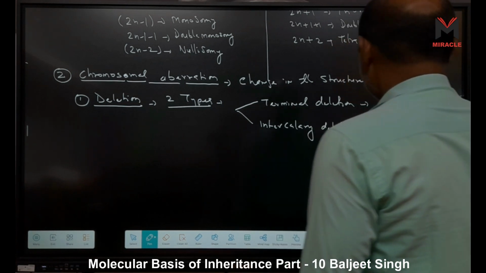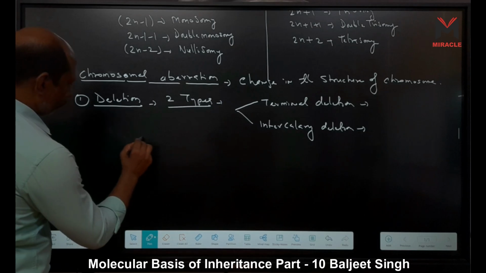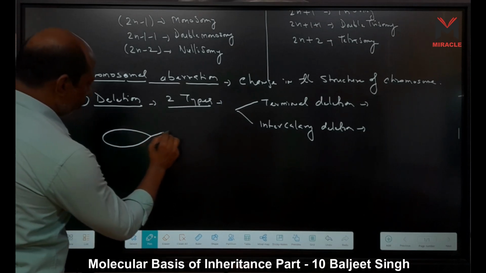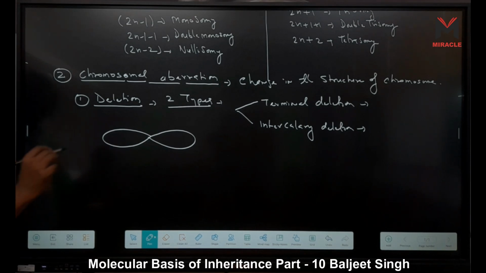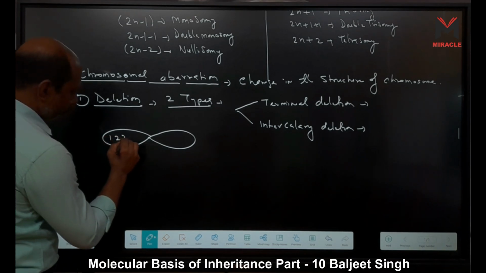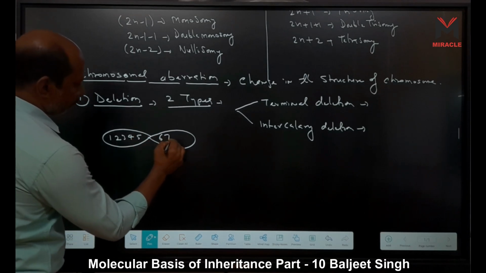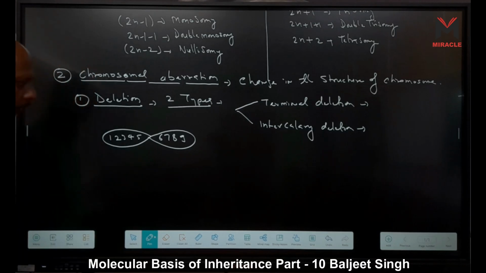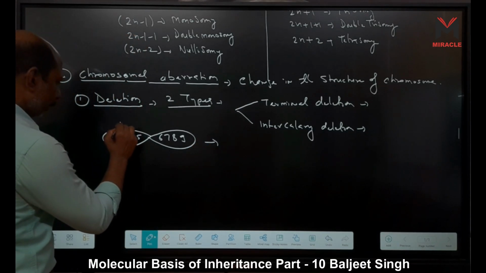Example is given here. Suppose that these are chromosome. I write here with some numbers, as for example 1, 2, 3, 4, 5, right? Here also 6, 7, 8, 9. Then what happens? Terminal part is deleted. Suppose that this part is deleted.